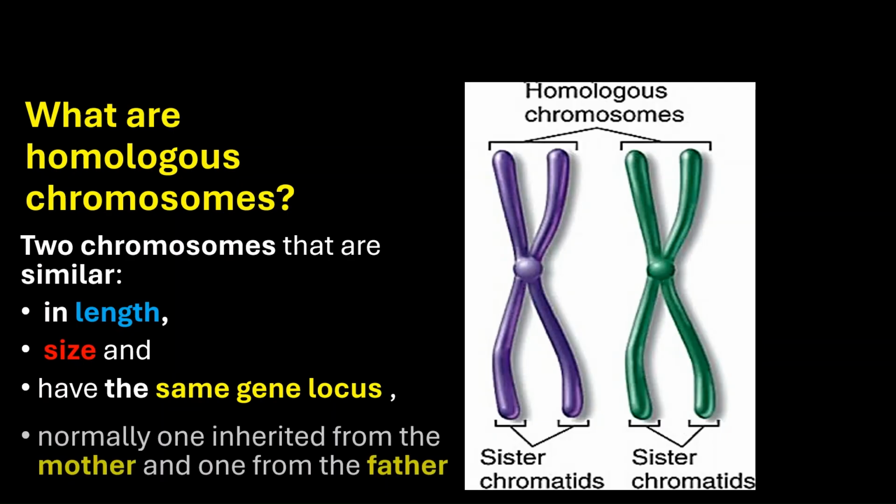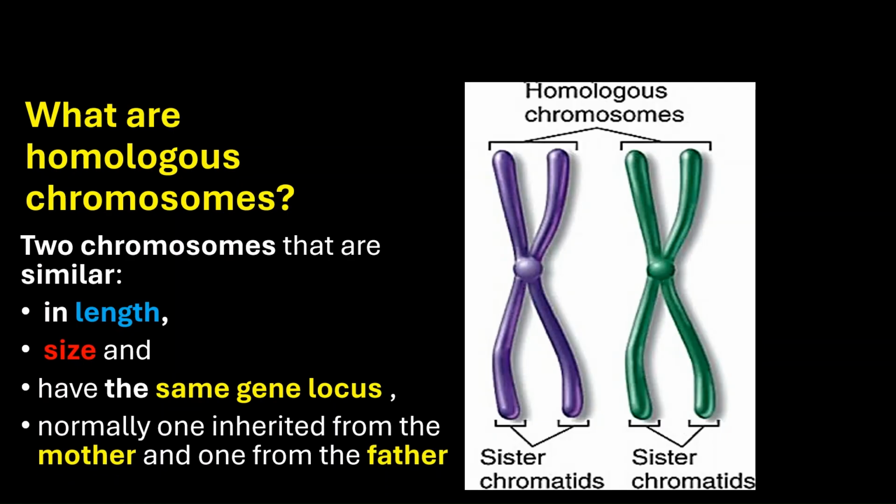And the reason is simple. It's because normally one is inherited from the mother and one is inherited from their father. So anytime you come across homologous chromosomes, you have to know they won't appear the same way. In most exam question papers, one is represented as white, the other one is represented as black.